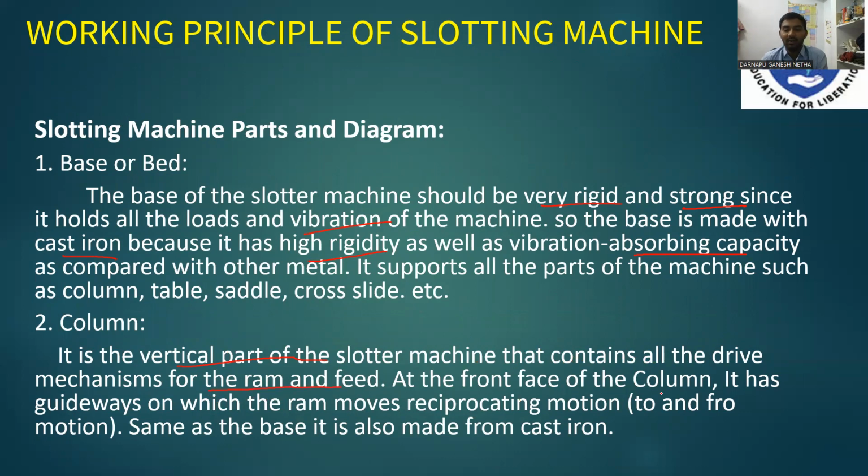At the front face of the column, it has a guide base on which the ram moves with reciprocating motion, and it is also made from cast iron. The column holds the ram and feed. It has some guideways.